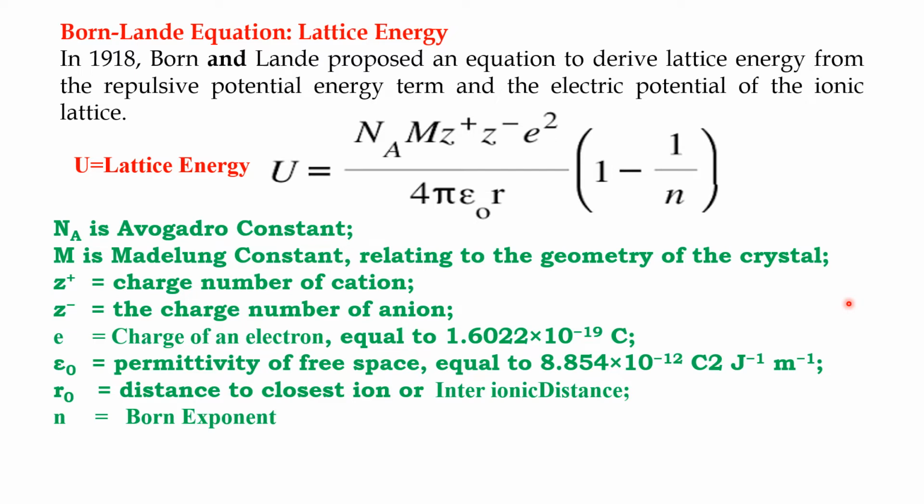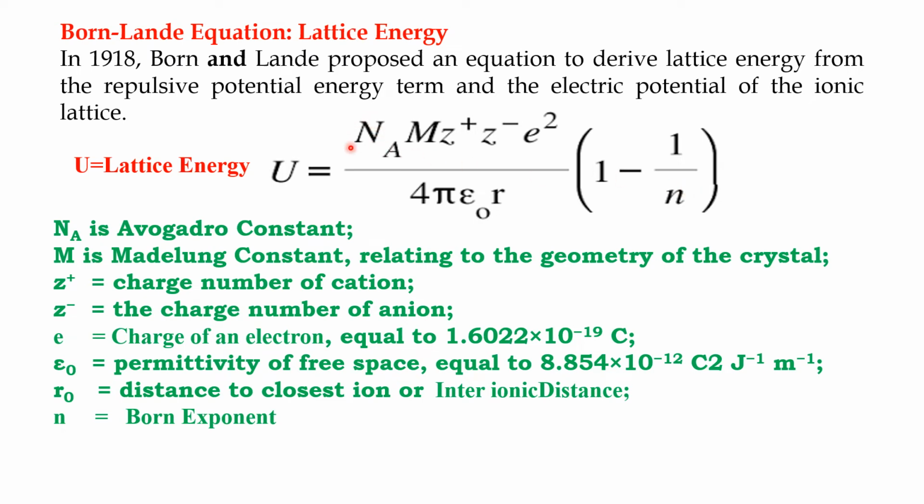So the equation is given as U is the lattice energy. U is equal to N_A M Z+ Z- e^2 divided by 4 pi epsilon r0 into (1 minus 1 by n). So considering the repulsive energy and the electric potential, they have derived this particular equation.